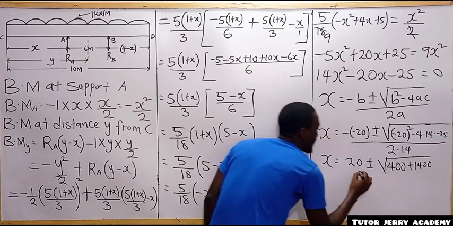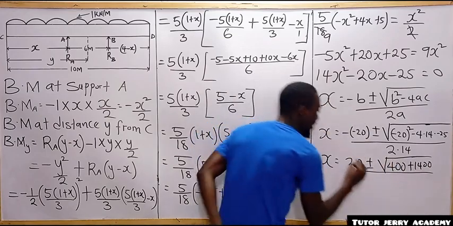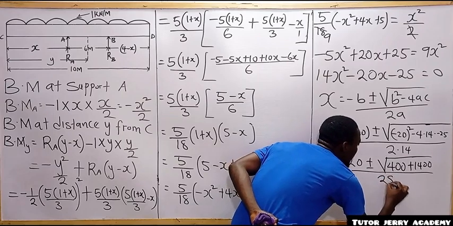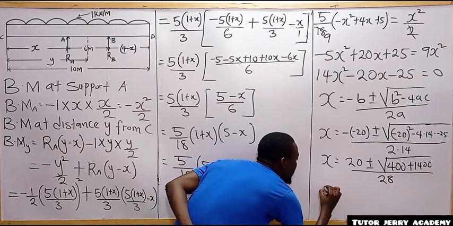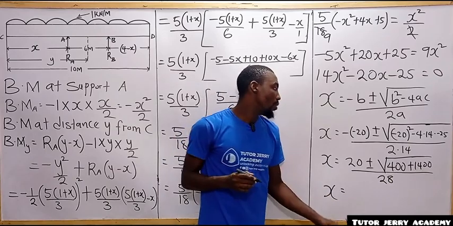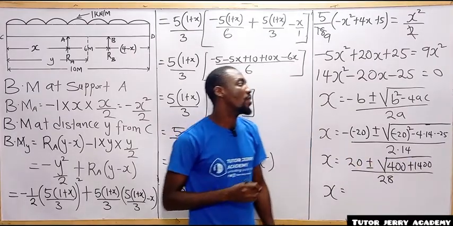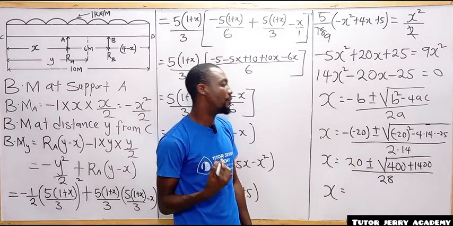Then divided by 2 times 14, that is 28. All right, so if you add this together and take the square root, you are going to have 42.42.